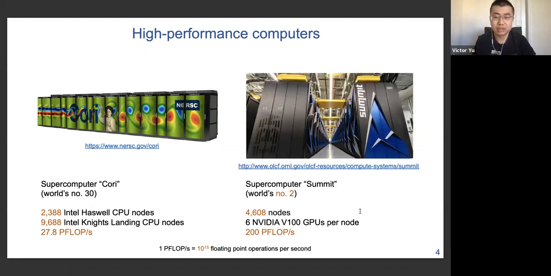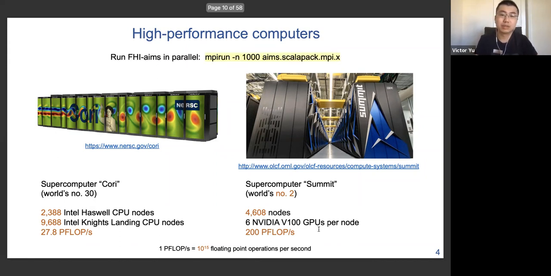Another example has GPUs, which is the Summit supercomputer. It was the fastest machine on Earth, but currently it's number 2. It's interesting to see that it has fewer nodes than the CPU computer, Cori, but the peak performance is much higher because it has 6 NVIDIA Volta GPUs per node.